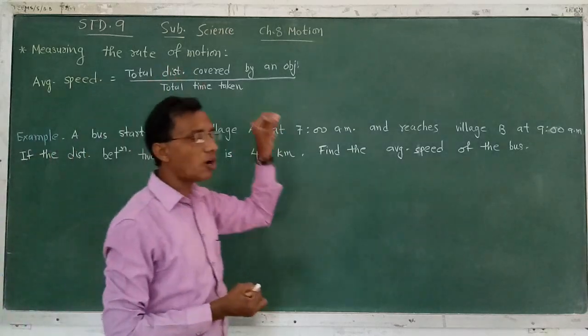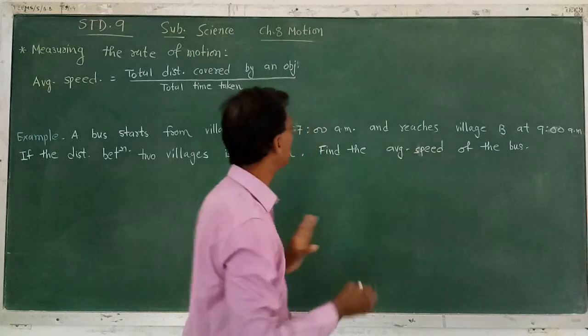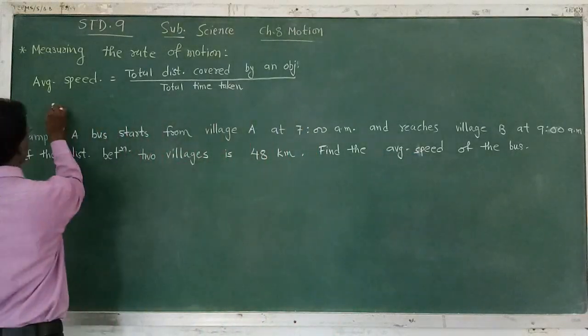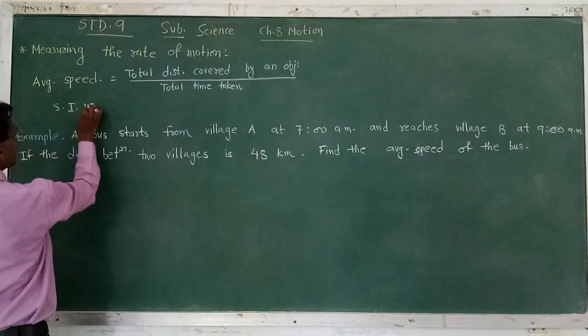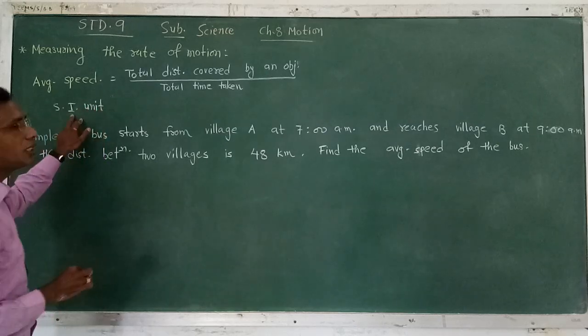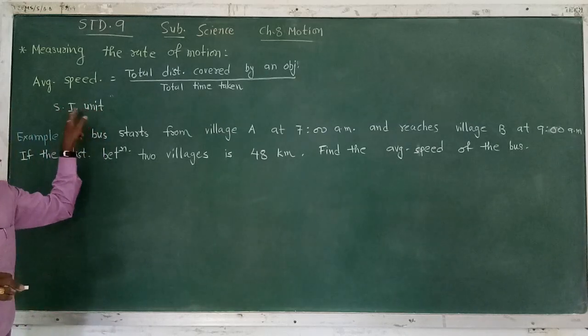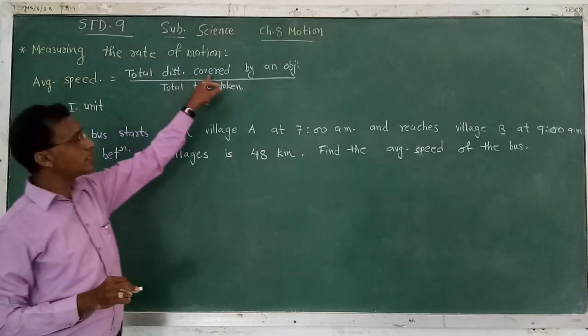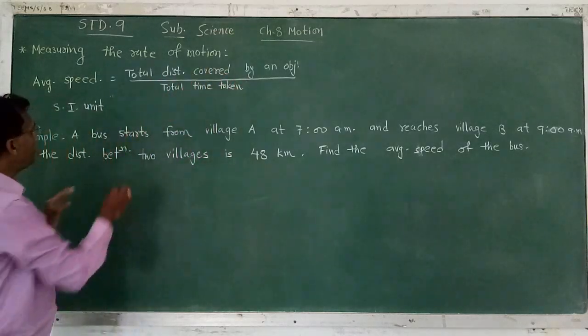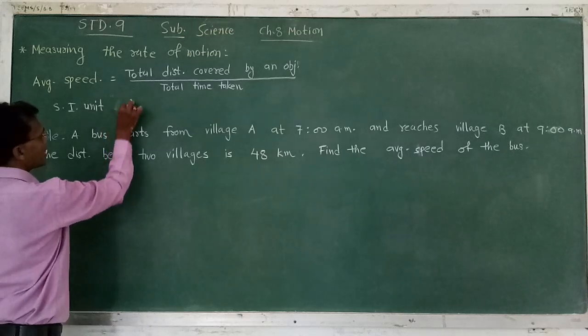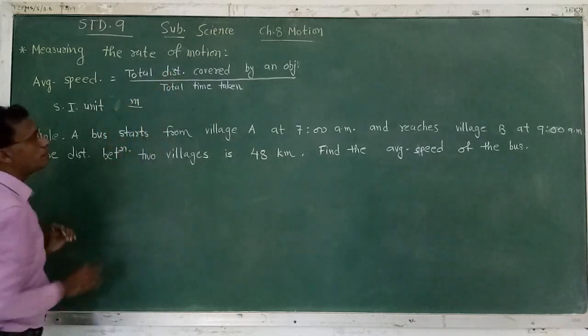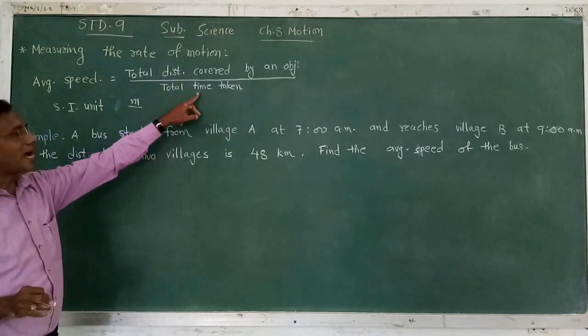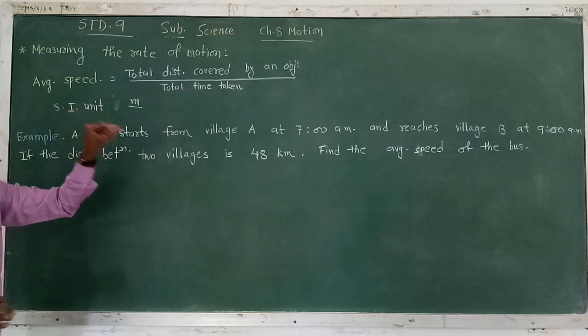The SI unit of distance is meter. SI means System International Unit. The distance is measured in meter. Time, the SI unit is second.